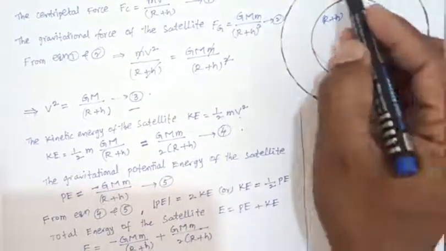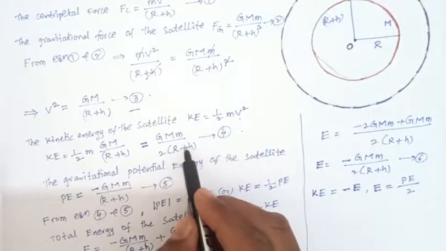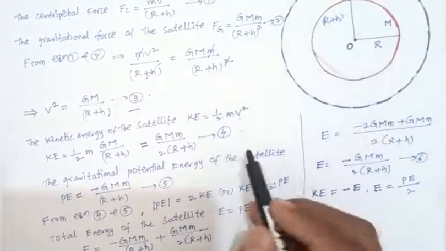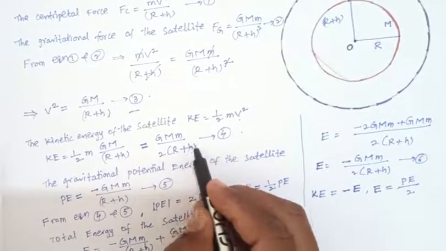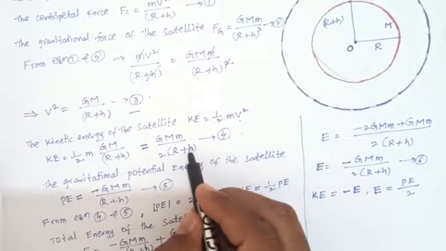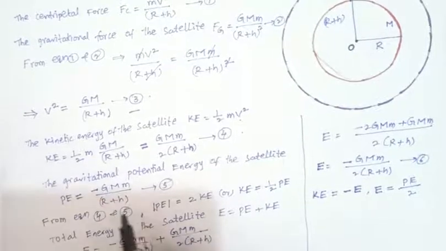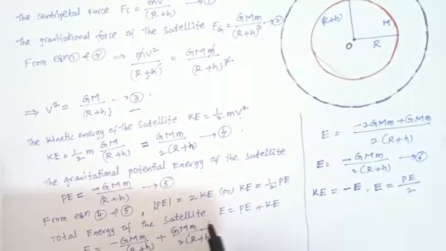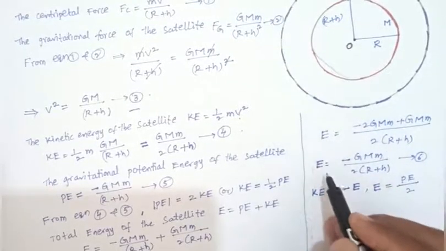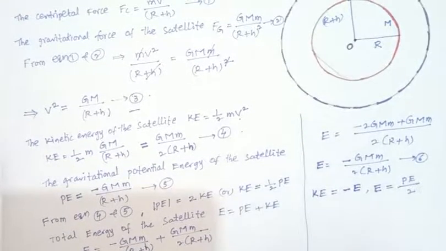But when the orbit is elliptic, the height varies. When the height changes, the kinetic energy and potential energy change. The total energy remains constant for the circular orbit case.